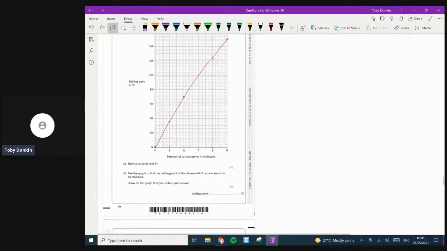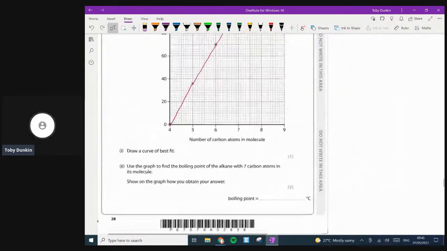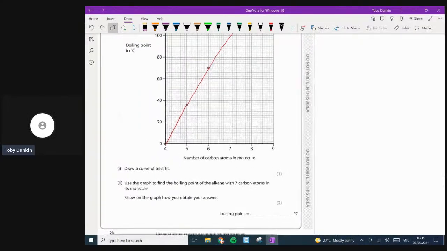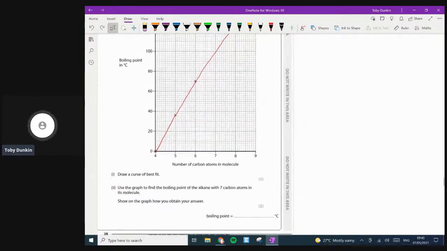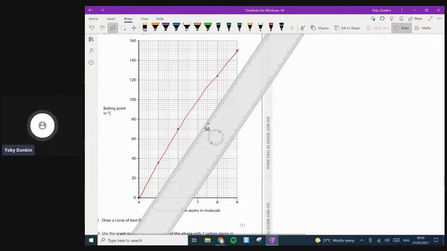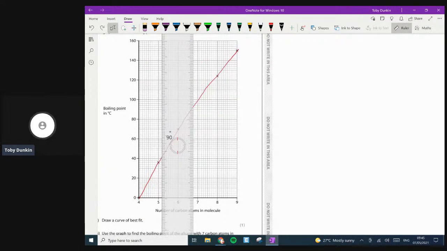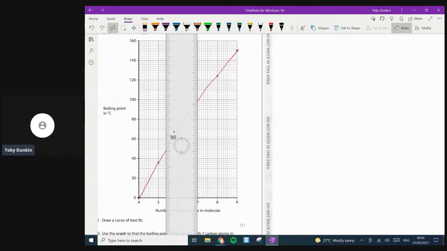Done, 1 mark. Use the graph to find the boiling point of an alkane with 7 carbons in its molecule. Show on the graph how you obtained this. Right, ruler comes out. Find 7 carbons. There we go, and then rotate.